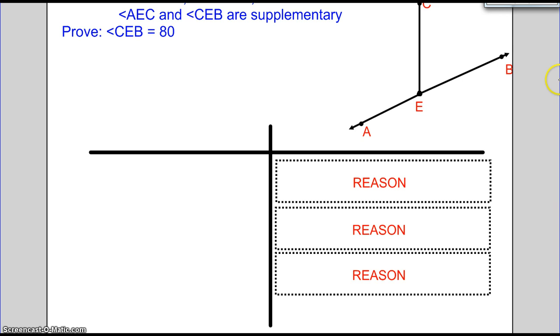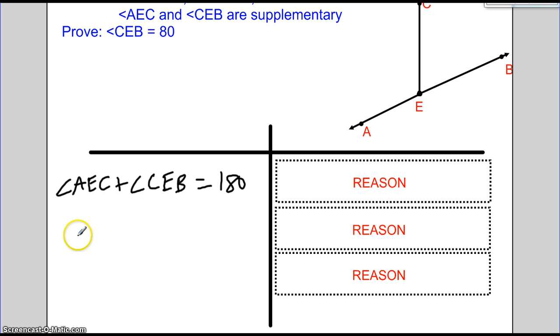Okay, so again we go AEC plus CEB, and they are supplementary, so that means they add up to 180.